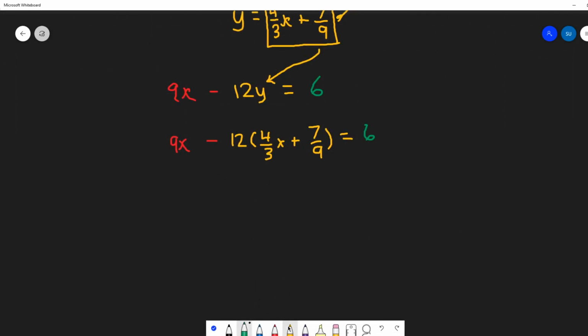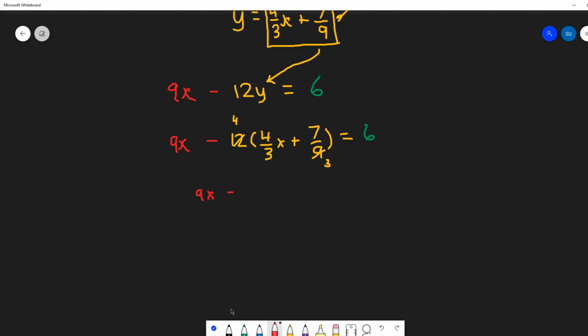I'm going to do some quick fraction multiplication here. So 12 times 4/3 is going to become 16x. And then if we do that to this fraction, 9 divided by 3, 12 divided by 3 is 4. So 28/3. Okay. So we have distributed the 12 to both of these fractions.